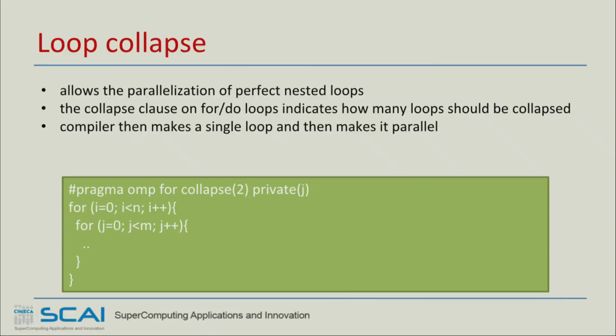But if I just put pragma OMP for, what OpenMP does is just to parallelize the outer loop. In this case, saying collapse 2, what happens is that the compiler makes a loop fusion. So here I will have a single loop running over all these indexes, and it will parallelize those two loops. So a single loop with n times m elements.